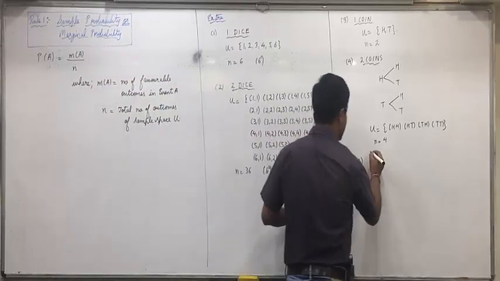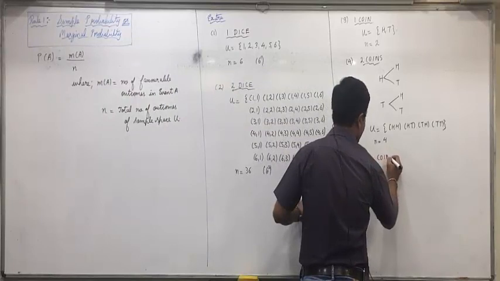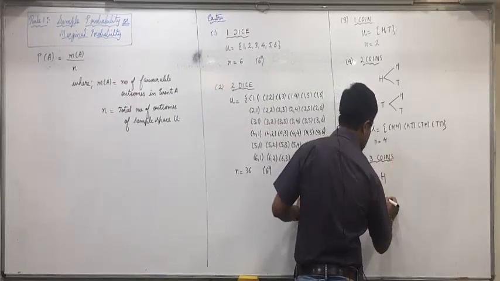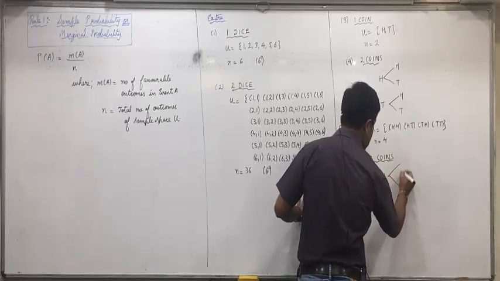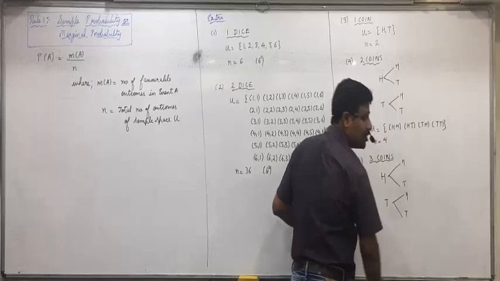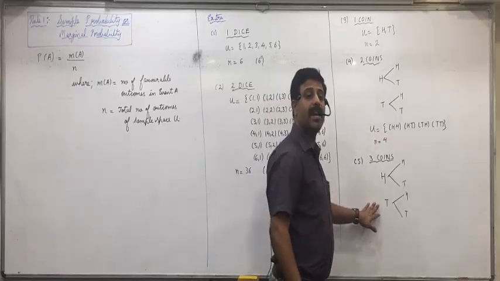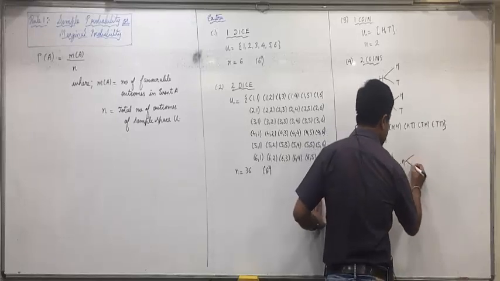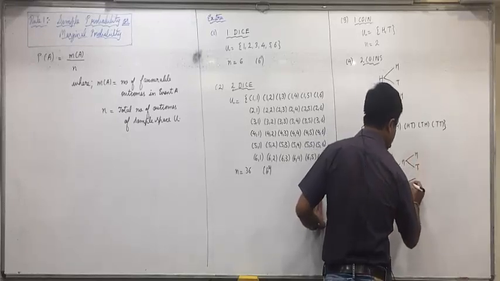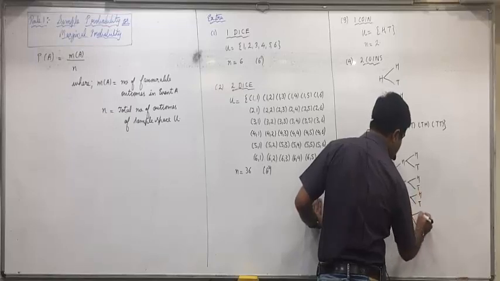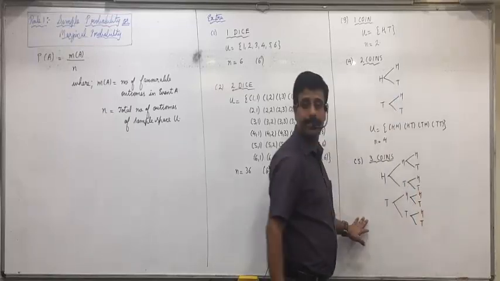So understand this. 3 coins. This is the first coin. This is the second coin. And now this is the third coin. Every outcome you further divide into heads and tails.